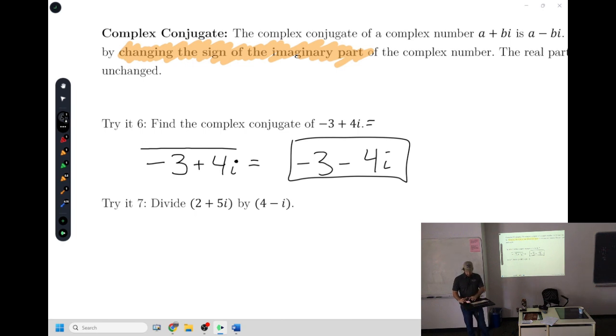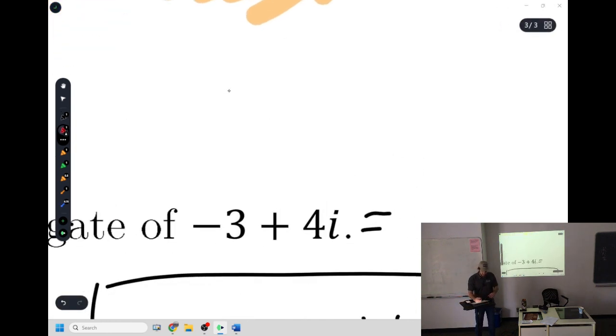I'm confused by what you mean, change the sign of it. Change the sign of the imaginary. No, when you say change the sign of it, of the what? You should not change the sign of it. Don't change the sign in the middle, because what if they were trying to be sneaky and wrote it like this? Yeah, that's what I was trying to figure out.